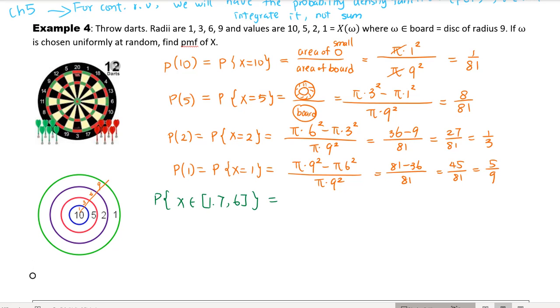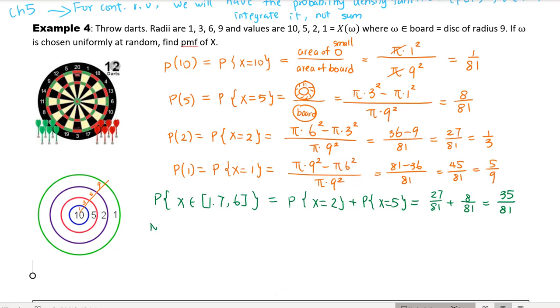Which numbers are between 1.7 and 6? Well, we just get 2 and 5, right? So this is P of X is 2 plus P of X is 5. So X is 2, we get 1/3. X is 5, we get 8 over 81. Alright, so, is that 1/3? Maybe we should take 27 over 81. Then we have the common denominator. Then we get 35 over 81. Okay?